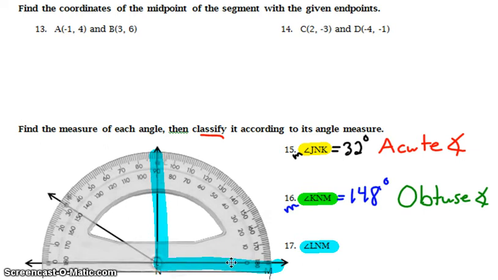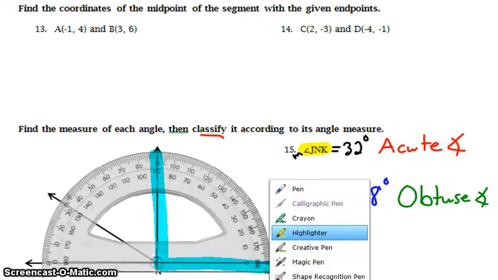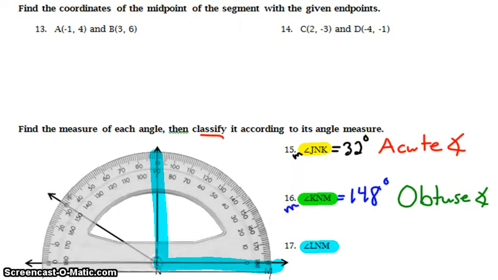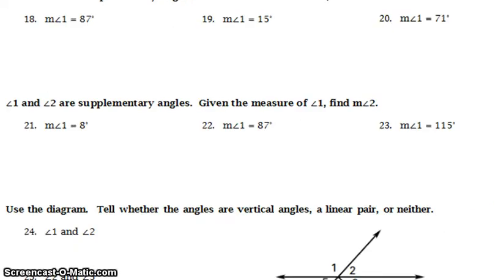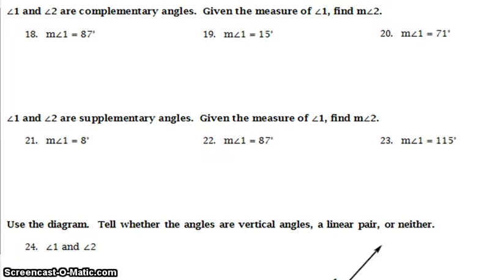That crosses at exactly 90. So exactly 90 degrees is the measure of this angle, and that is called a right angle. All right, so there's our review of measuring angles. Let's go on to the next page.